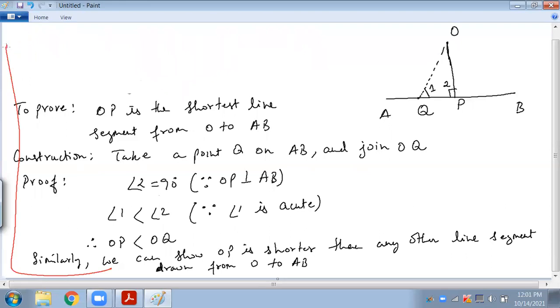So from this we can conclude that OP is the shortest line segment from O to AB.